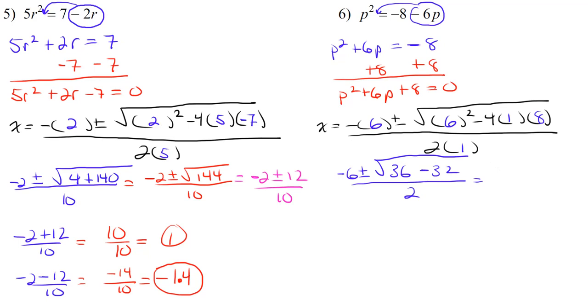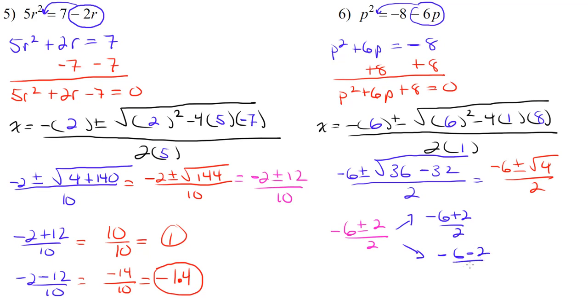So we have here negative 6 plus or minus radical 4 divided by 2. 4 is a perfect square. The square root of 4 is 2. So we have negative 6 plus or minus 2 divided by 2. And here are our two expressions. Negative 6 plus 2 divided by 2 and negative 6 minus 2 divided by 2.